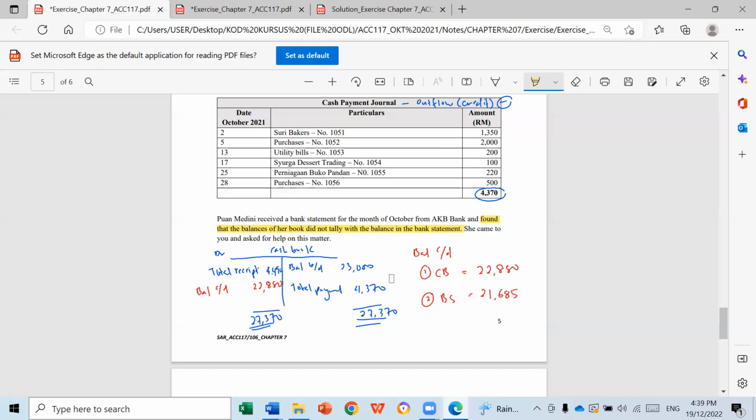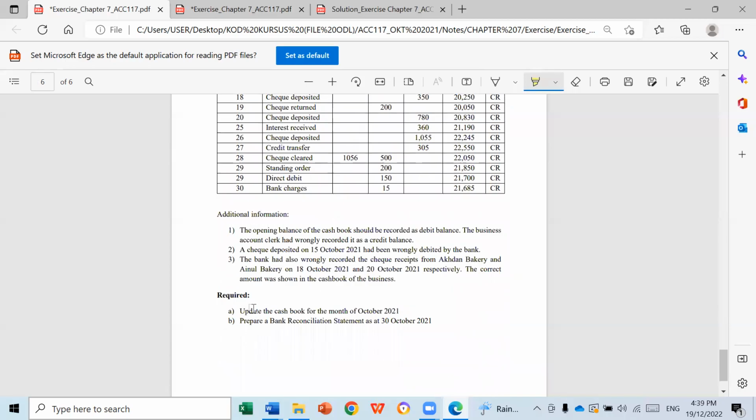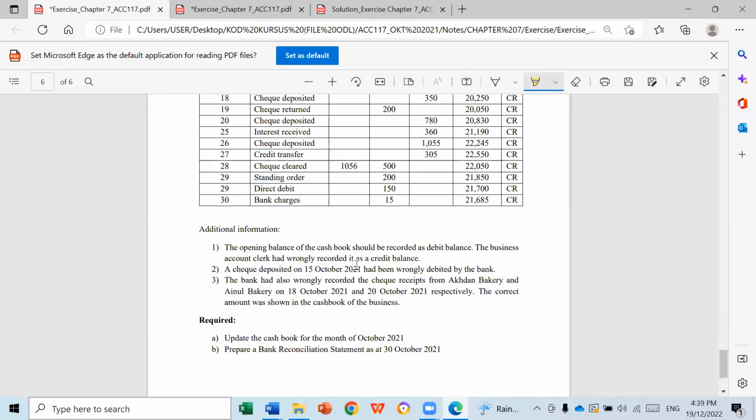So we are required to help Puan Medini to prepare the updated cash book and the bank reconciliation statement, but not to forget, we have to incorporate this additional information while preparing the reconciliation. First, let us prepare the updated cash book for the month of October 2021.